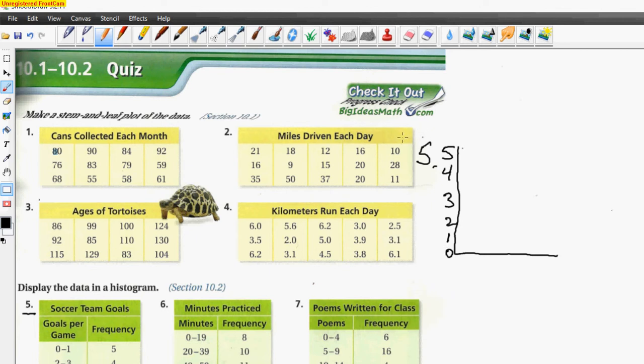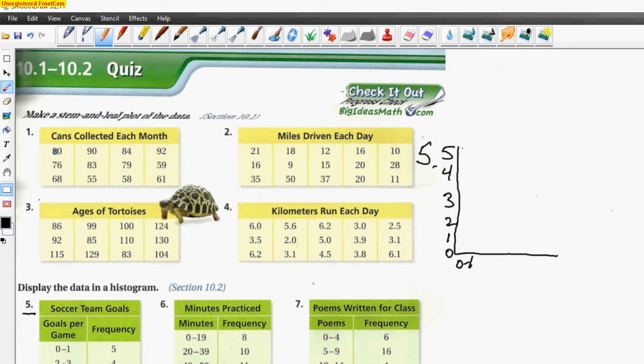Okay, now what are we looking at? It says goals per game, so we're looking at games 0 to 1. Okay, and I'm going to put another one. Then we have games 2 to 3, but let's deal with 0 to 1 first. So it says 0 to 1 games. As far as that, they had a frequency of 5.